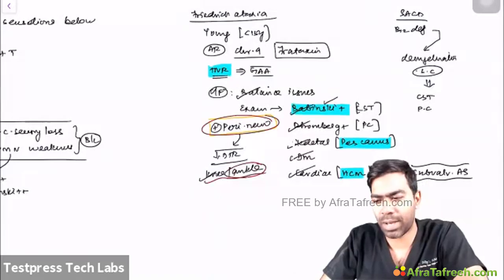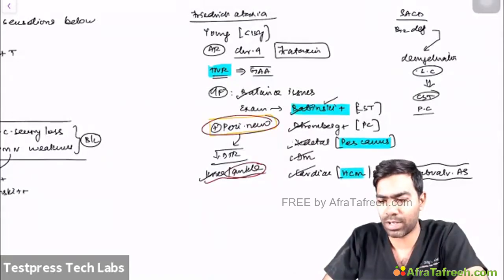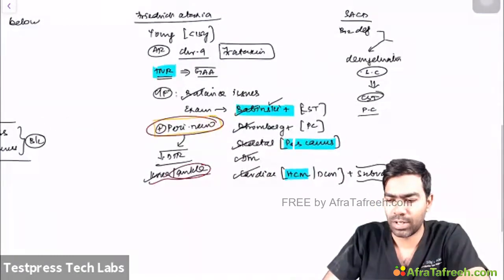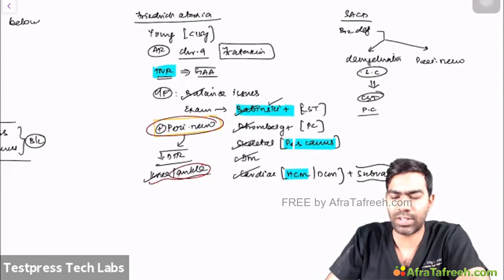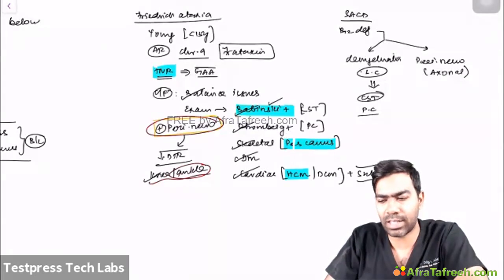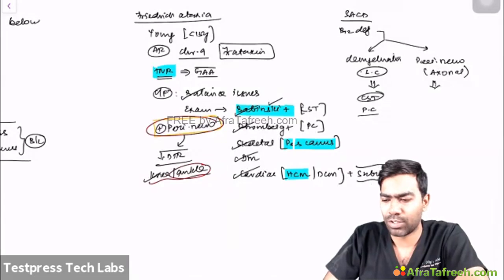So you're going to get Babinski positivity because of corticospinal tract involvement, and you're going to get loss of posterior column sensations because of posterior column involvement. At the same time, they produce peripheral neuropathy also. B12 deficiency is a very important cause of peripheral neuropathy, and usually it will be of axonal type. Axonal type means it will be length dependent. Length dependent means you will be affecting the distal areas more than the proximal areas. So once again, you can have an absent ankle jerk or knee jerk.